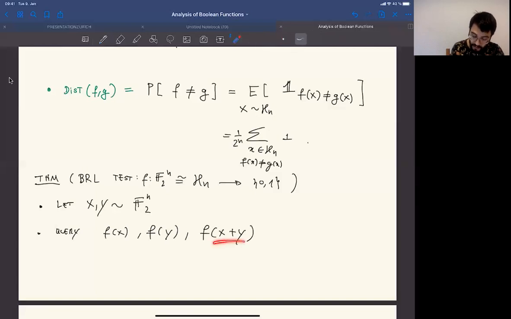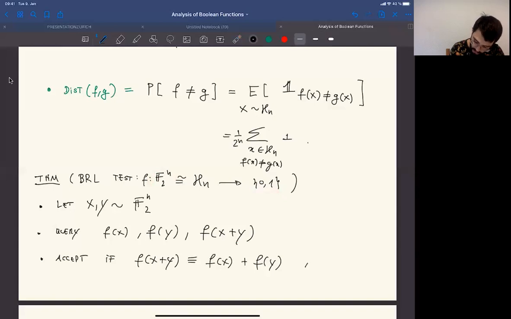Now I can do f of x plus y because I have a summation structure here. And then we accept if f of x plus y equals f of x plus f of y. And now, these functions have values only in plus or minus 1, so this summation here has to be equal modulo 2. Okay, and I prefer to state it in this way than to put here F_2, okay?